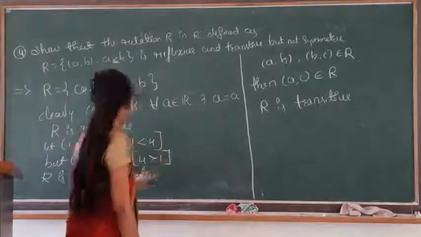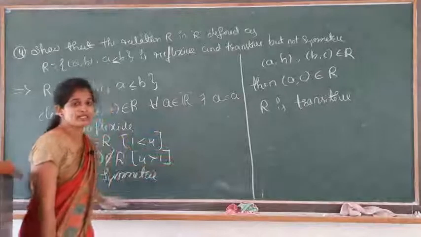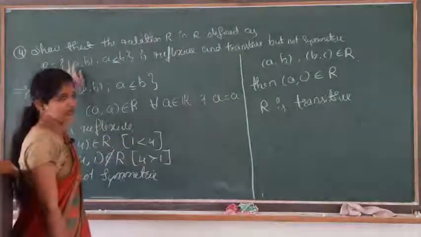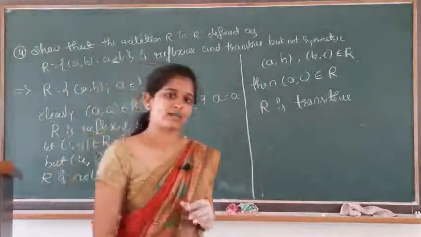Hence, R is reflexive and transitive but not symmetric. This is the answer for the fourth question. Remaining examples we will solve in the next video. Thank you.